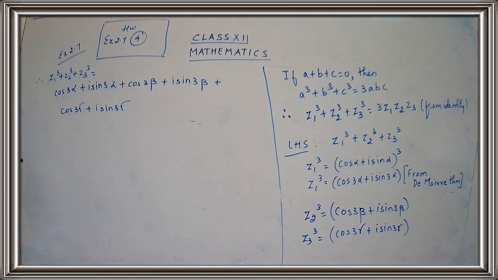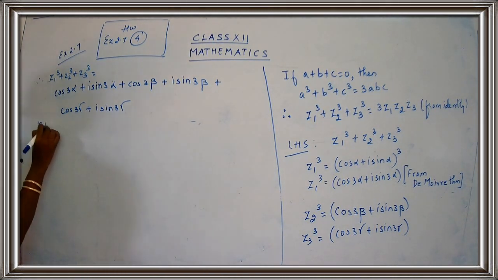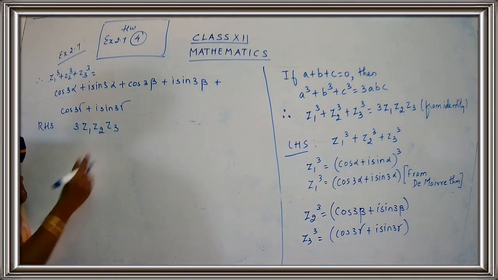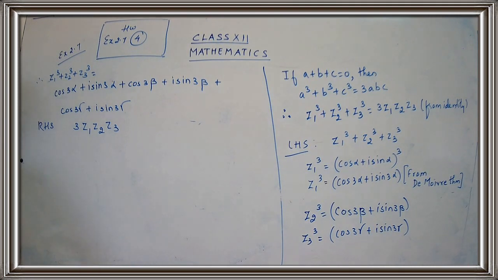Now let us focus on the RHS part, children. So let's take the RHS part. What is the RHS part? 3 times Z1, Z2, Z3. So substitute the value for Z1, Z2, Z3. Come on, go for the substitution. So what do you get here?